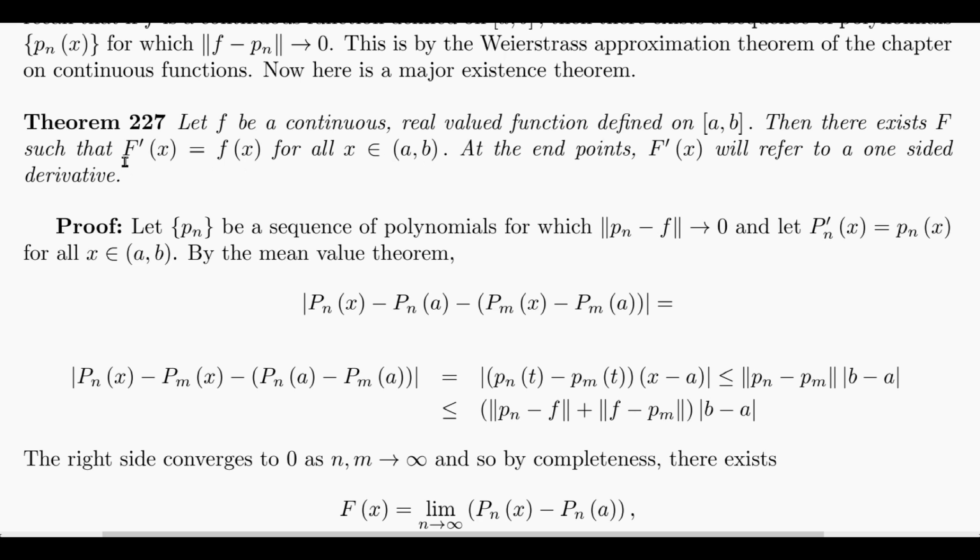And in fact, it has a right or left derivative at the endpoints of the closed interval. And so, for example, at a, the derivative of capital F would be little f of a, and that would be a right derivative. The thing that is important to notice is that capital F will be continuous on the closed interval.